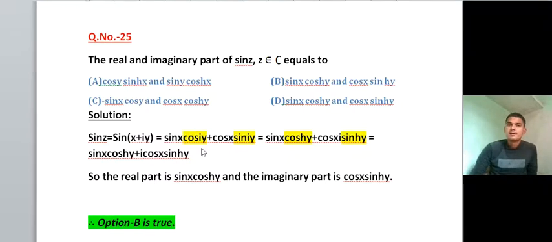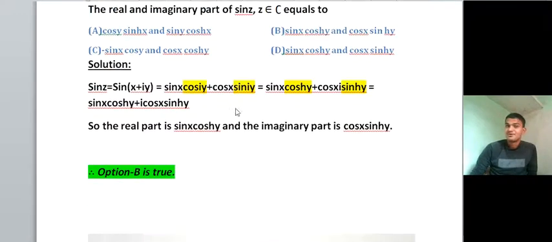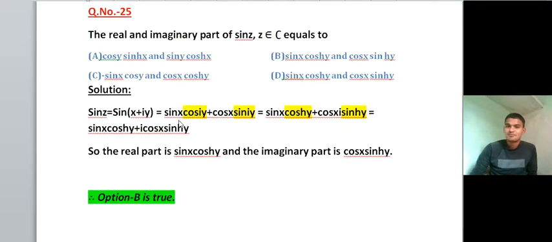We need the real part and the imaginary part of this complex number. So we will convert it into a plus ib form, where a is the real part and b is the imaginary part, so that the real and imaginary parts will be clear.